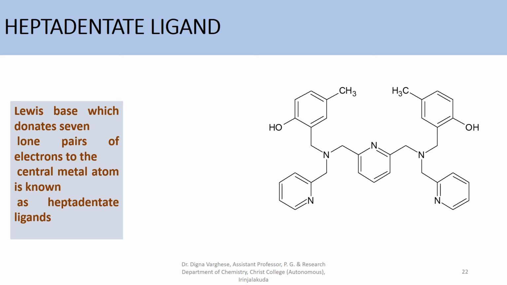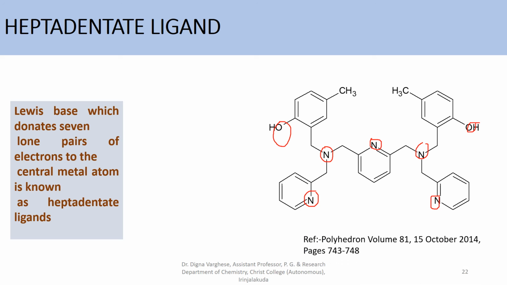The ligand contains donor sites 1, 2, 3, 4, 5, 6 oxygen, 7th oxygen. These all 7 potential donors can coordinate to the metal atom. So it acts as a heptadentate ligand.